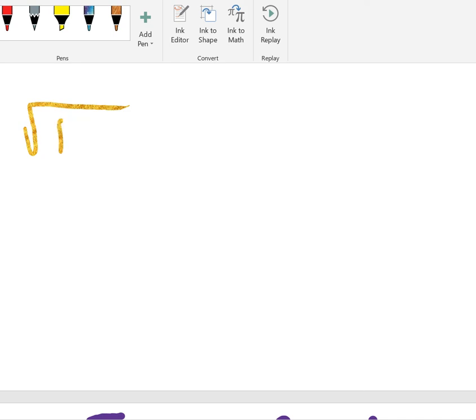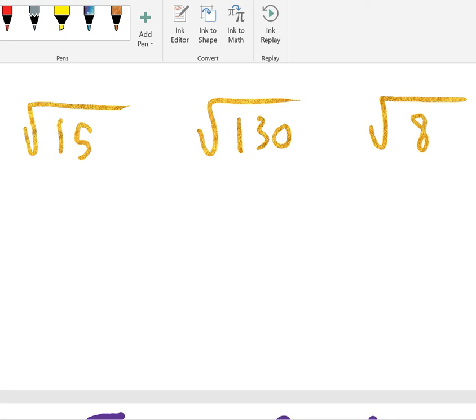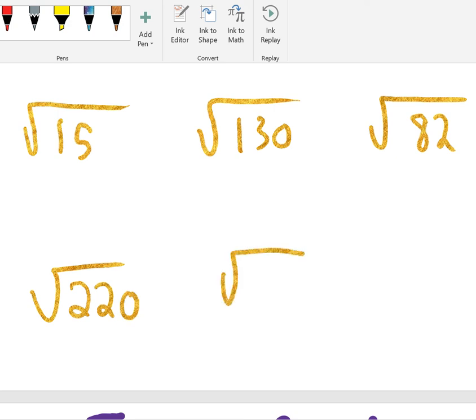Square root of 15. Square root of 130. Square root of 82. Square root of 220. Square root of 2. And the negative square root of 50.